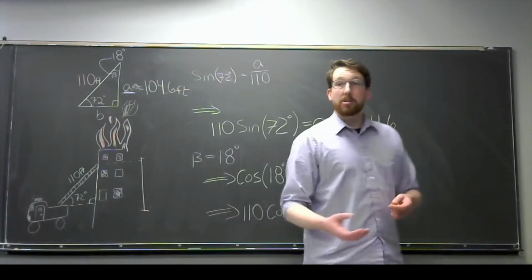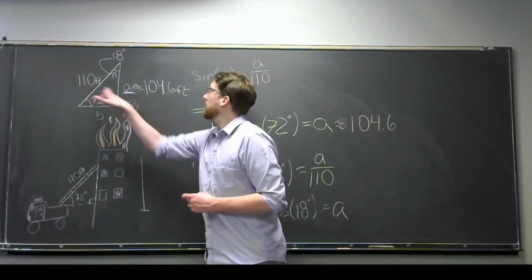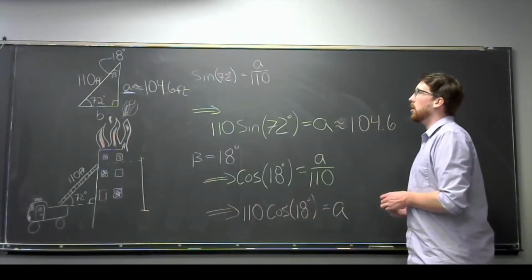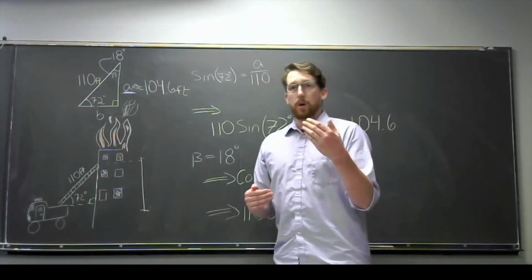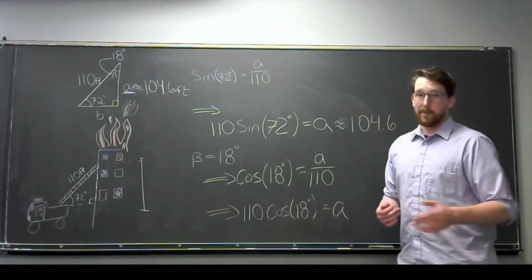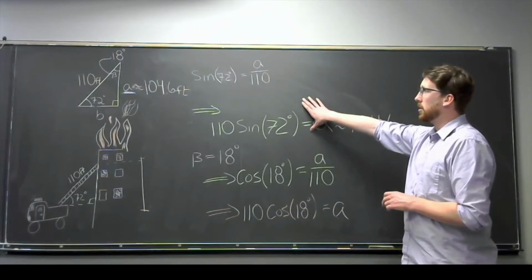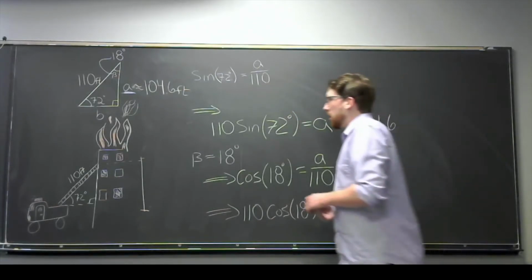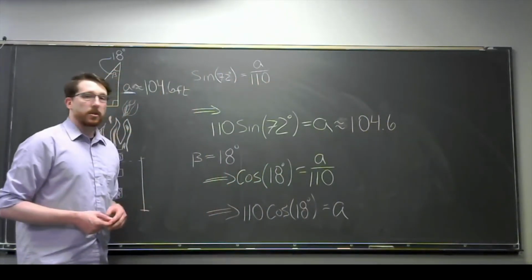We could have also calculated what B was and then used the Pythagorean theorem. So it's not a case of one size fits all. We can go about these problems in a couple different ways. This way was the quickest because we didn't have to find beta, but we could have used the other ways.